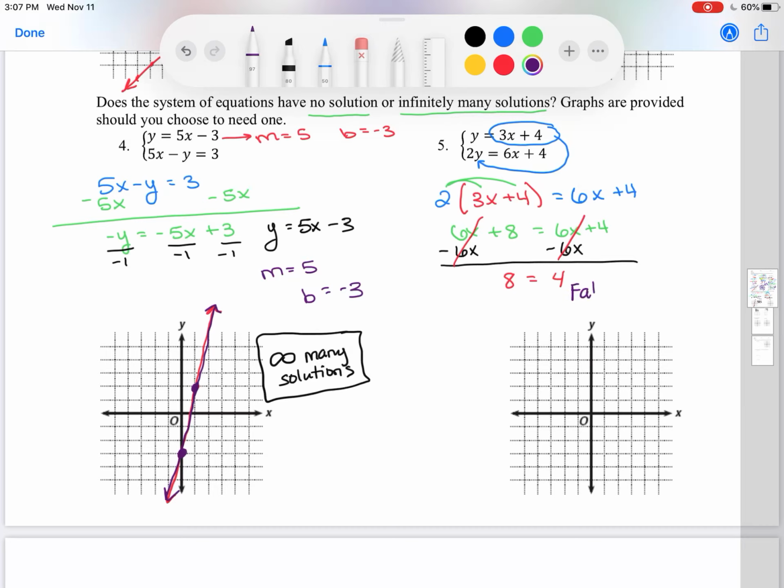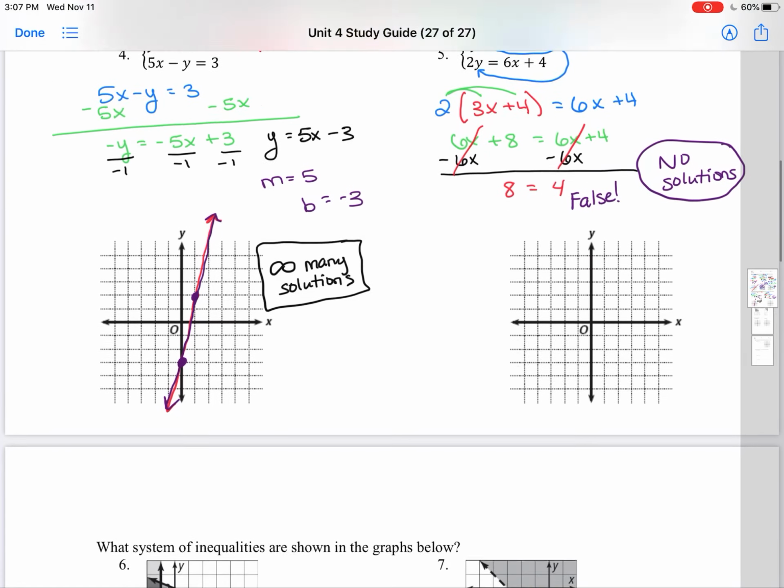Well, take a look at what happens here when I subtract 6x. They're going to cancel, leaving me with an 8, canceling again, equals 4. So when I get here, I say, well, does 8 really equal 4? No, it does not. So that is a false statement, therefore, there are no solutions.